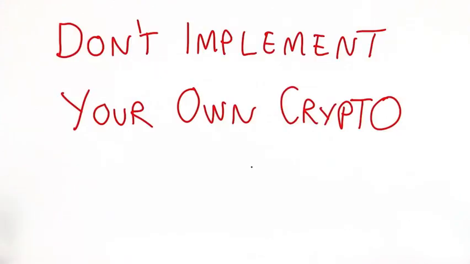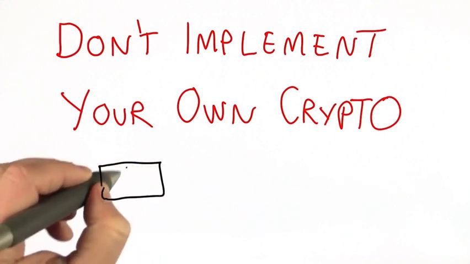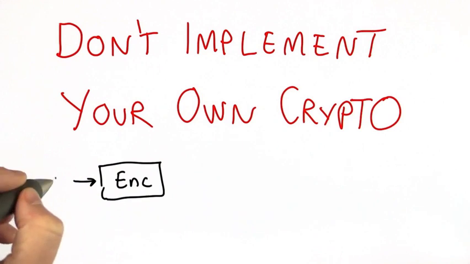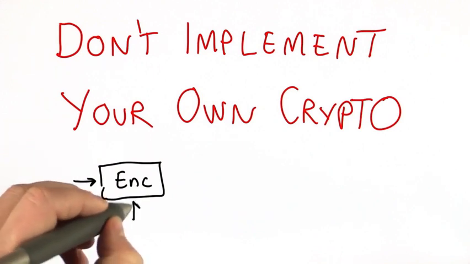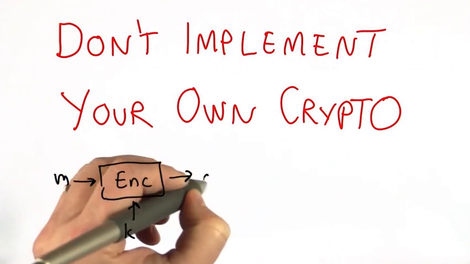We'll get into both the mathematics and the practice of implementing systems using cryptography, but there's one thing I want to really emphasize and make sure that you understand. Implementing your own cryptography is very challenging. It's something that is very easy to do incorrectly. One example of that to keep in mind, and this is an important thing, so we often think about programs as black boxes with inputs and outputs, and our encryption functions will usually take a key and a message and produce some ciphertext.